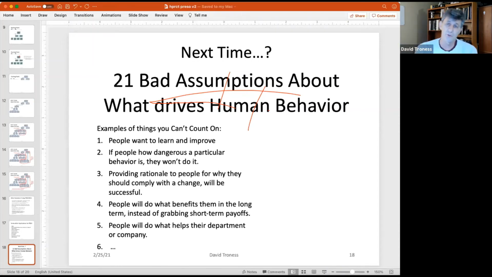Then I use this method of causal analysis to get down to what the motivations are, not only those keeping someone from doing what you want them to do, but the things that do motivate them. And when you think about it for yourself, I've had these discussions quite often: why do I do what I do?